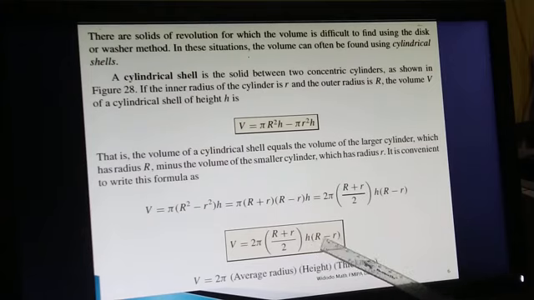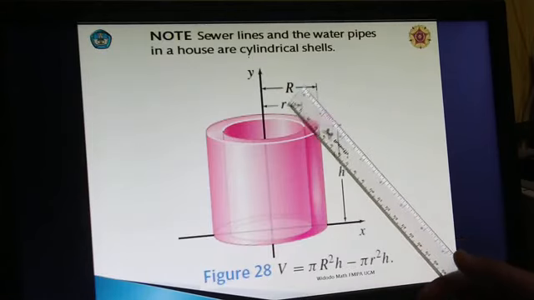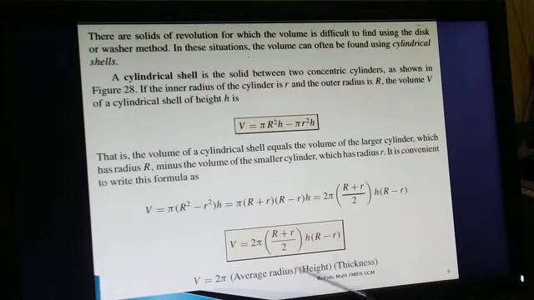In words, we can say that the volume is 2 pi times the average radius times the height times the thickness, I mean the thickness of the pipe. The thickness of the pipe is equal to big R minus small r. We want to use this formula in the box to construct the formula. So let's go construct the formula.